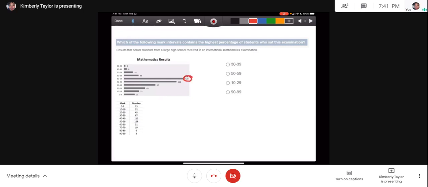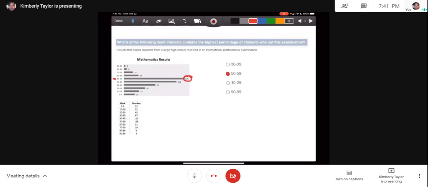And so the interval for that is going to be 50-59. And so that's why I would pick that answer. The questions so far are not too bad.